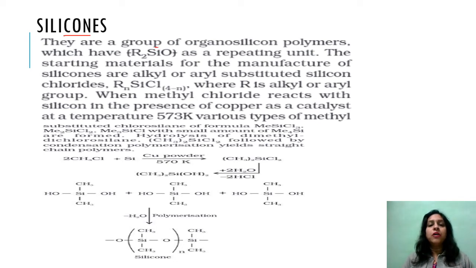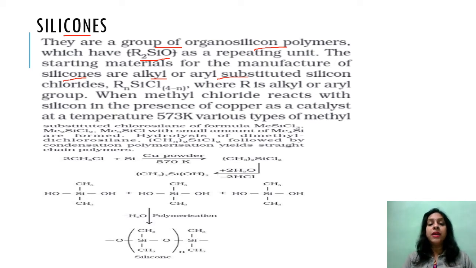group of organosilicon polymers, okay, जिनका की फॉर्मूला क्या होता है, R2SiO. This is the monomer, or this is the small unit which repeat itself again and again to form a polymer. All right, the basic material for the preparation of silicon is nothing but it is the alkyl or aryl substituted silicon chlorides.